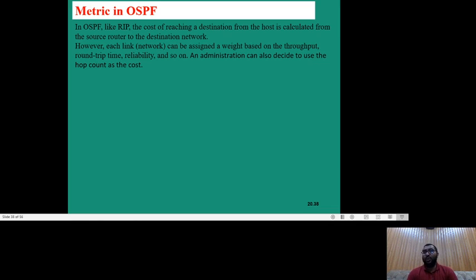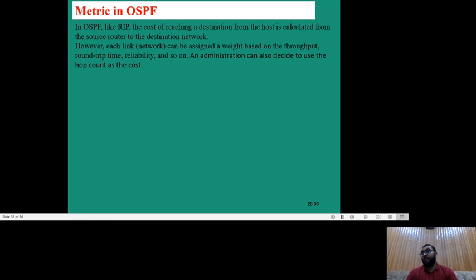Further, the only difference between these two is that in RIP we use hop count as a cost, while here the cost will be based on the weight of the link. Sorry, the weights of the edges will be assigned based on throughput metrics, like quality of service metrics, such as round trip time, delay time, congestion, and so on, right?